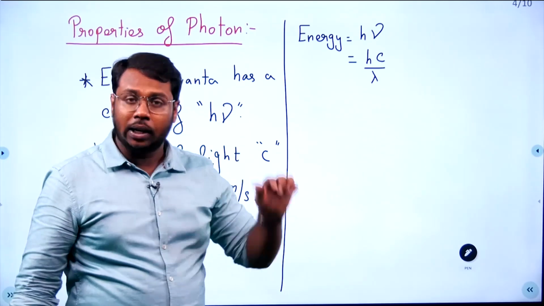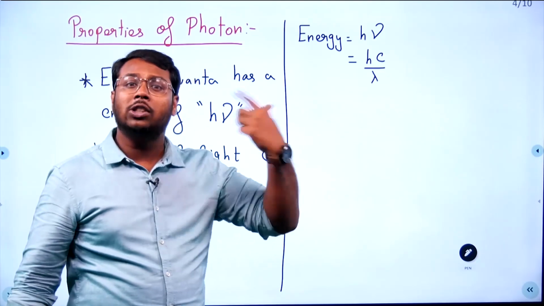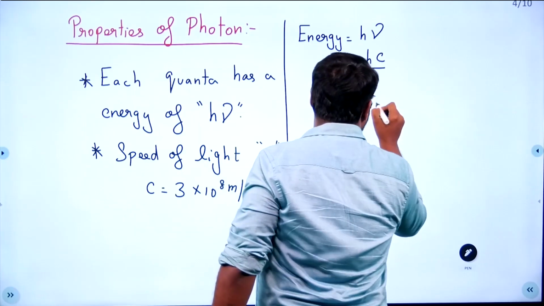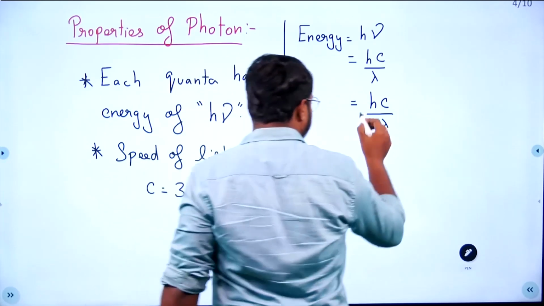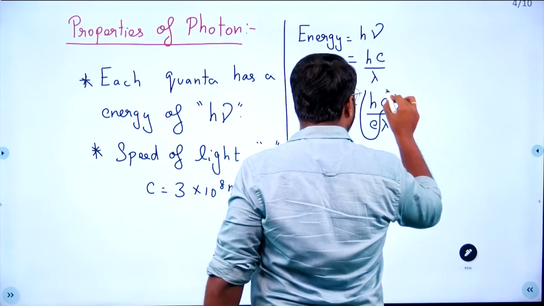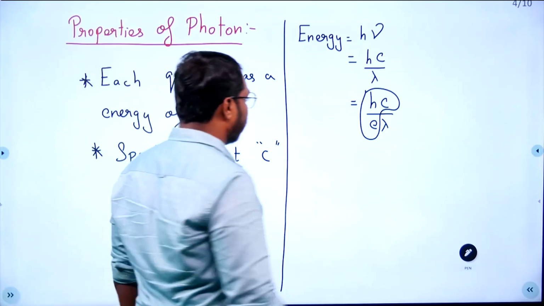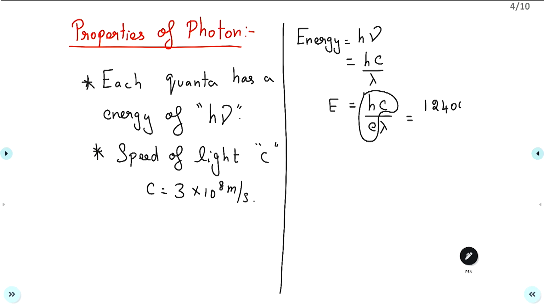But unfortunately, in this chapter, we will never deal with energy in joules. We will always try to convert it to electron volts. So listen, h into c by lambda, and if you rewrite all these three constant quantities, this will be written as 12,400 divided by lambda electron volts. This is what we get.